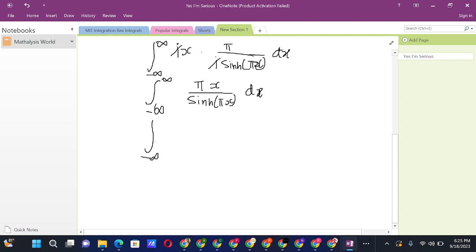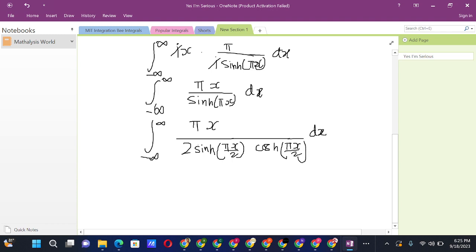Integral from negative infinity to infinity of pi x, and we break down the denominator into 2 sinh of pi x by 2, and then cosh of pi x by 2, and then over here we have dx.